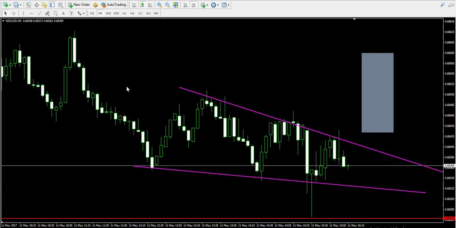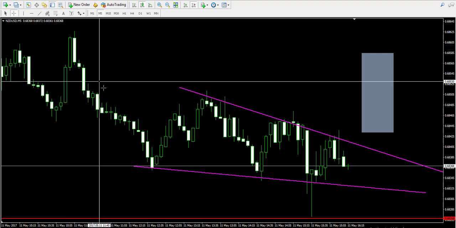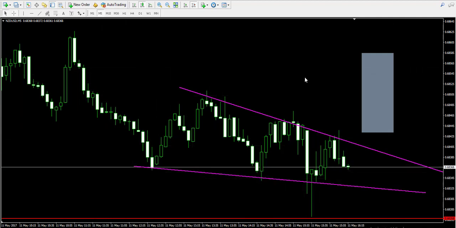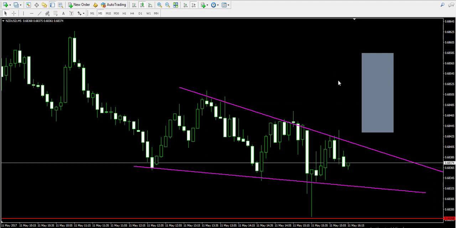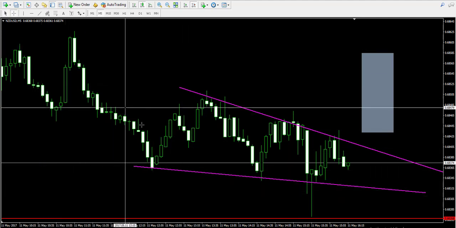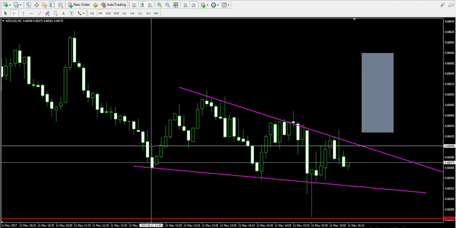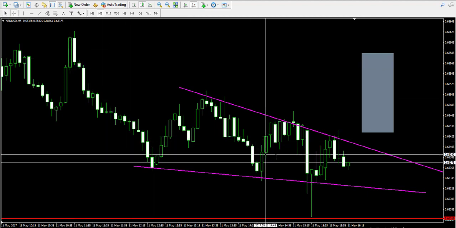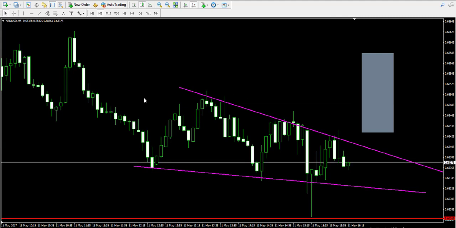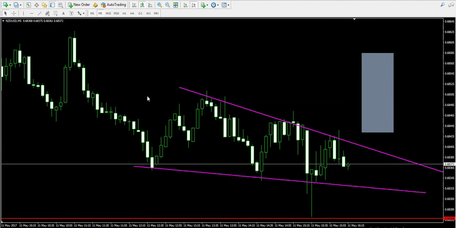Also, I would like to mention that no matter what the previous trend is, bullish or bearish, a falling wedge chart pattern always has bullish potential. Since we have a bearish trend, and the price is likely to go in bullish direction, we say that the wedge is a reversal pattern.